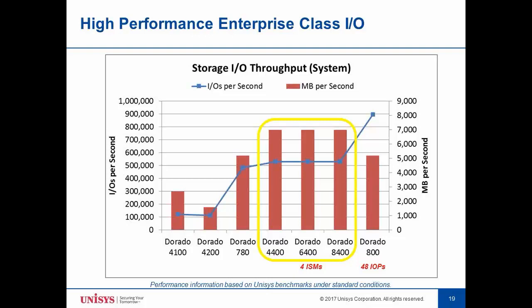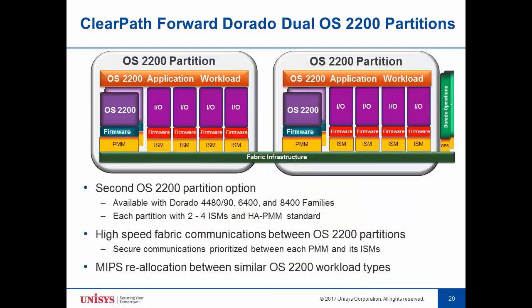Now, as I stated before, the single partition and even a dual partition I/O subsystem all resides in a single cabinet, where 48 IOPs in a Dorado 800 would require several cabinets just for the I/O subsystem. So you can see that we're providing a higher level of megabytes per second with a significant reduction in floor space. And this is a single partition capability, not something where we can double these performances for a system by having 2 partitions in a single cabinet.